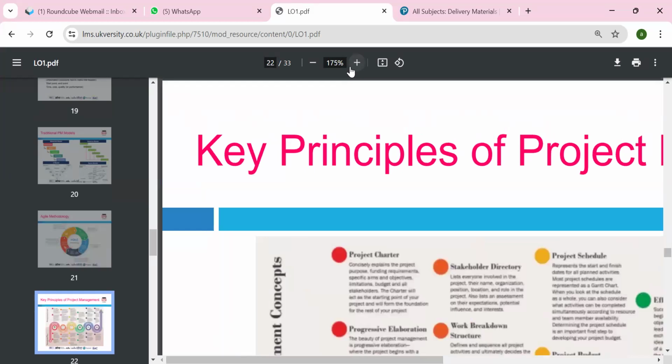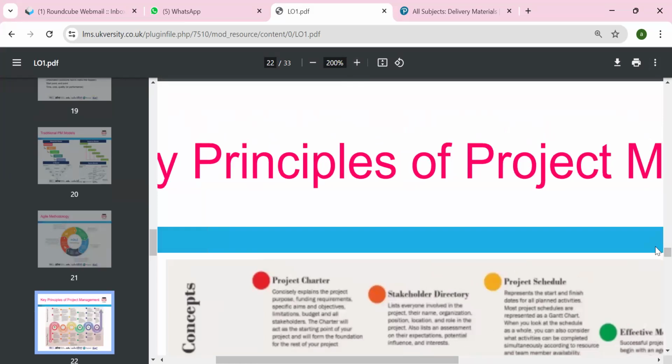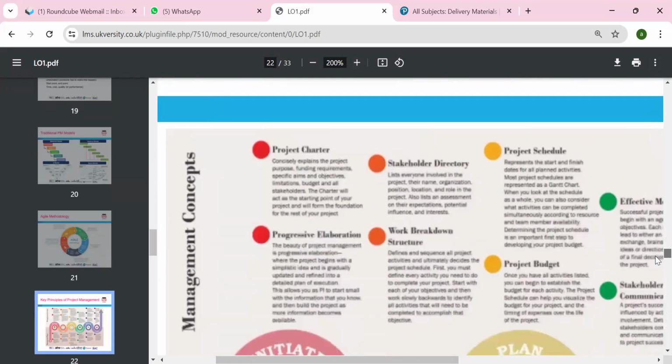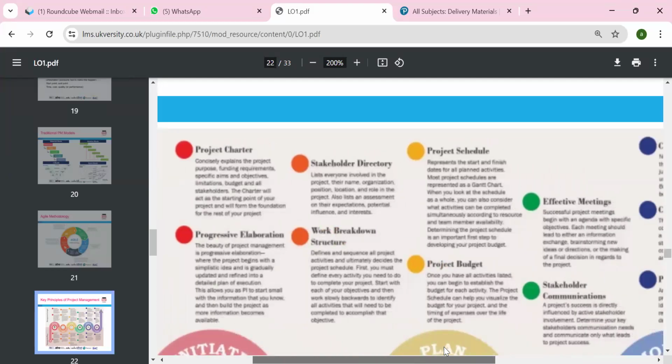What are the key things? The project charter should be signed, then you should have the stakeholders involved in the project, anyone who has any interest in it. We should have a project schedule. The project budget is a financial plan for the future. We should have an effective meeting system in place with the stakeholders.